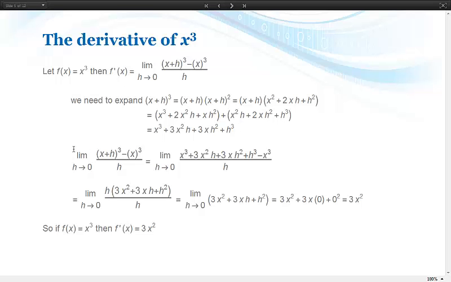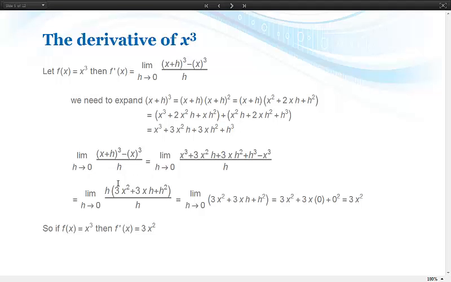So this limit, the original limit, is the limit as h goes to 0 of this whole thing, x cubed plus 3x squared h plus 3xh squared plus h cubed, minus f of x. And again, the x cubes will cancel out this time. x cubed minus x cubed is 0. And every other term has an h in it, so we'll factor out the h. And this is the limit as h goes to 0 of h times 3x squared plus 3xh plus h squared.